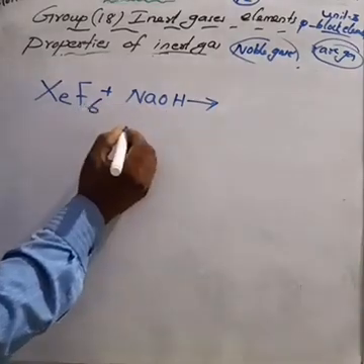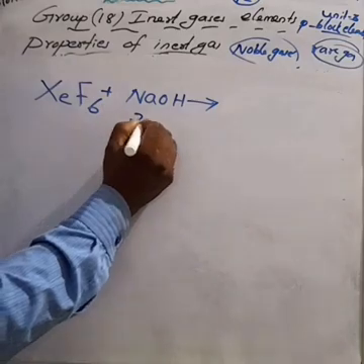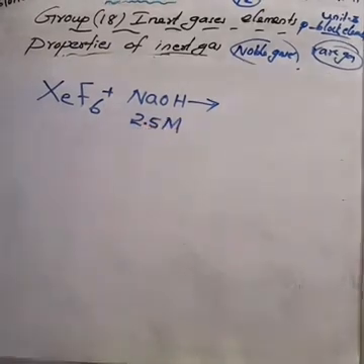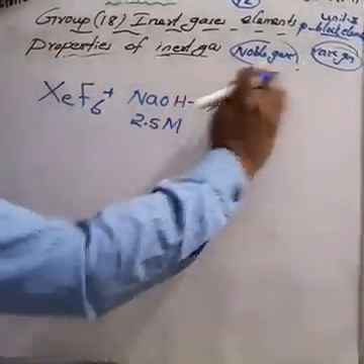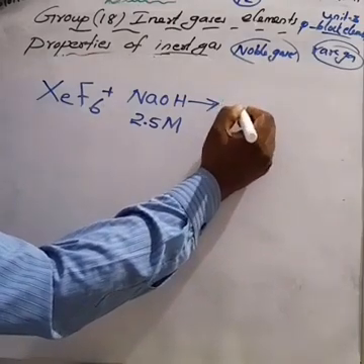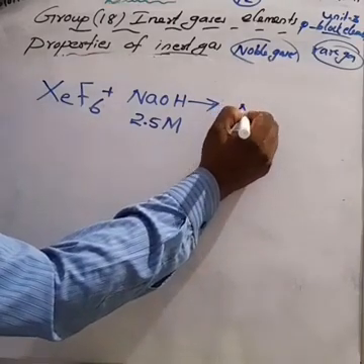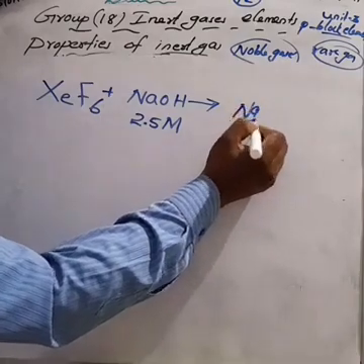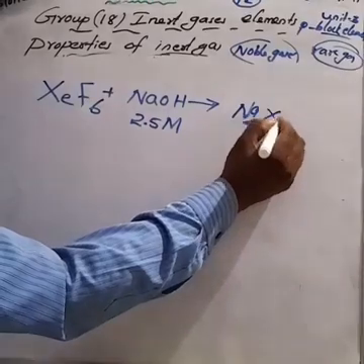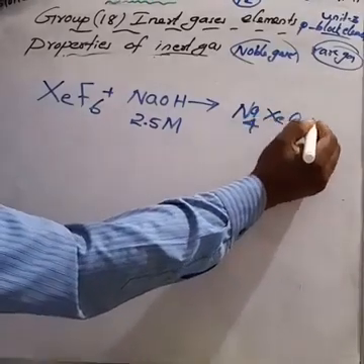Here we are using 2.5 M sodium hydroxide. We get sodium perxenate. What is the formula of sodium perxenate? Na4XeO6, sodium perxenate.